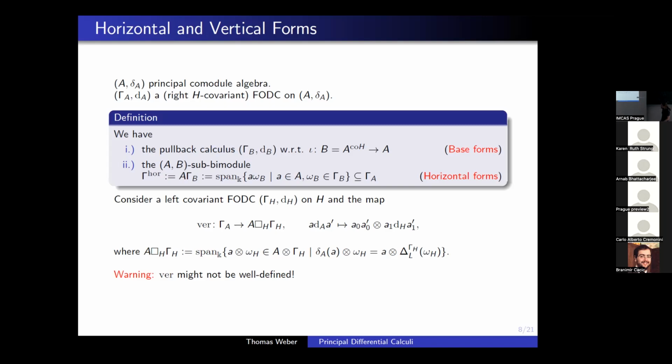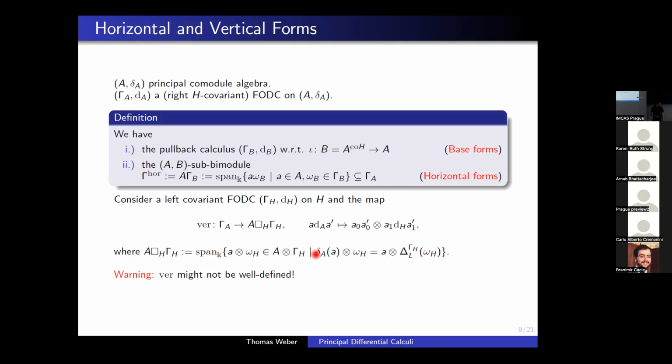Now there's also something called the vertical map. For this, we also need a left covariant calculus on the Hopf algebra, let's call it gamma H, d H. Then the vertical map is a map from the calculus on A into the cotensor product of A with the calculus on H. Maybe I first tell you what the cotensor product is.